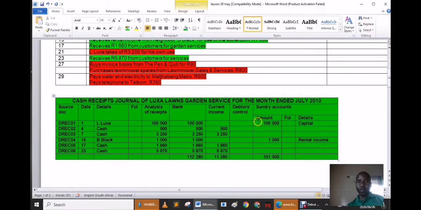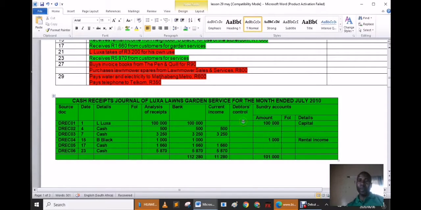So because we don't have a column for this money, which is capital, we put it in this section that is called sundry accounts. And then we have to write the name of the account, capital. If you look, now we have written the same amount 3 times. First time in analysis, second time in bank, and then third time in the other account.